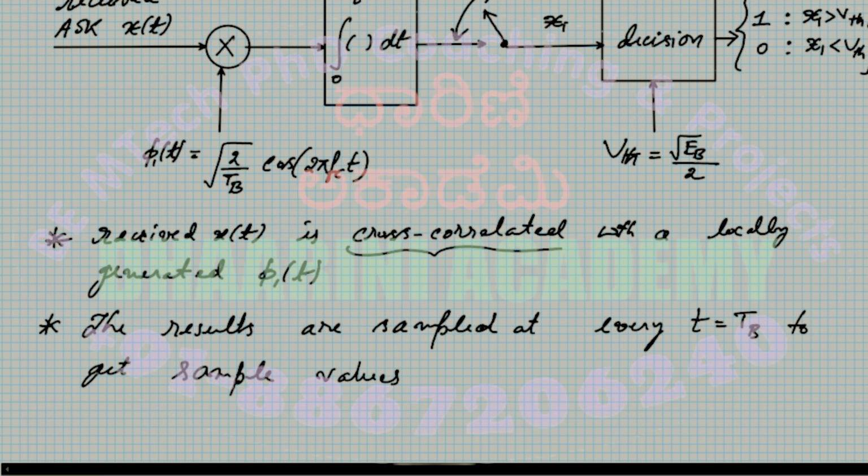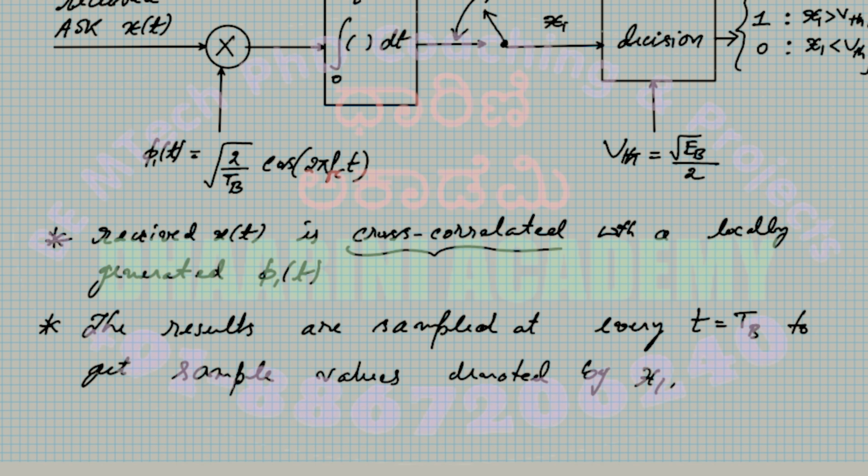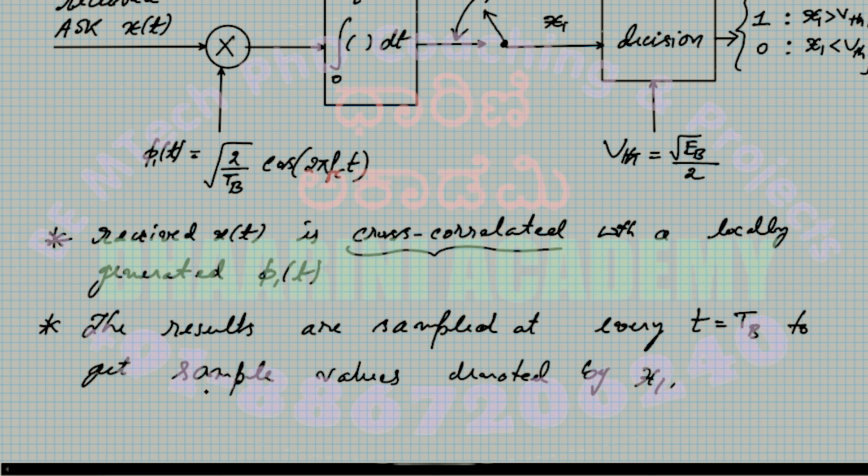All right, so x1 denotes the samples. Now, this x1 is compared with the threshold root of E_B by 2, and the decision will be made like this.